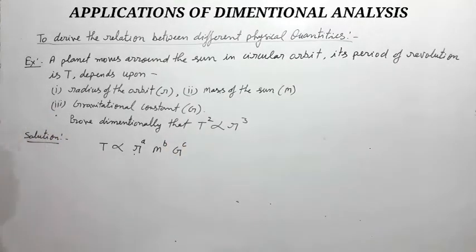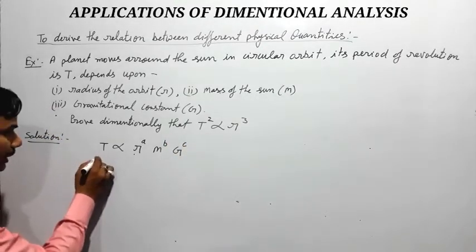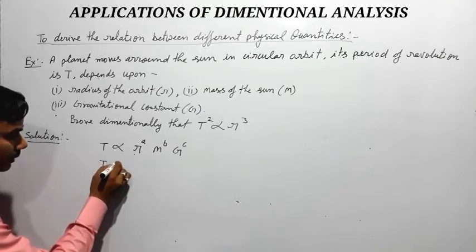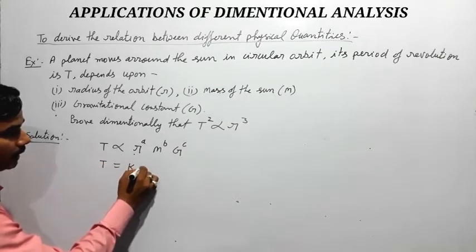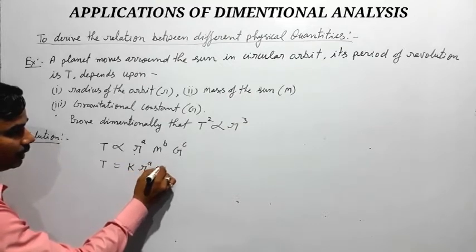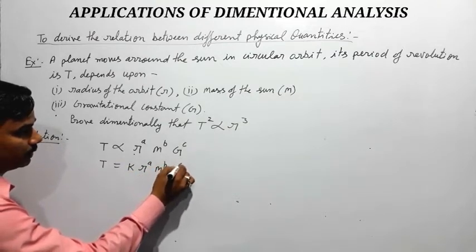Now we will replace this proportionality sign with a proportionality constant k: T = k r^a M^b G^c. This is equation 1.